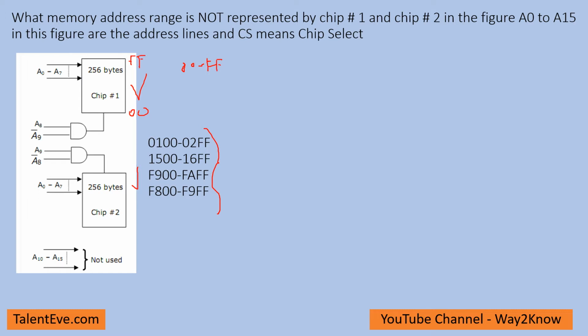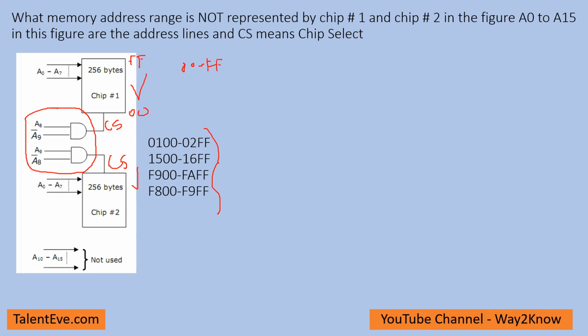And then similarly 00FF, and based on the data you send, that will be stored in this particular memory chip. But the problem here is this particular chip is selected by using other address bits. Okay, so this is nothing but a chip select, using which the chip will be enabled.